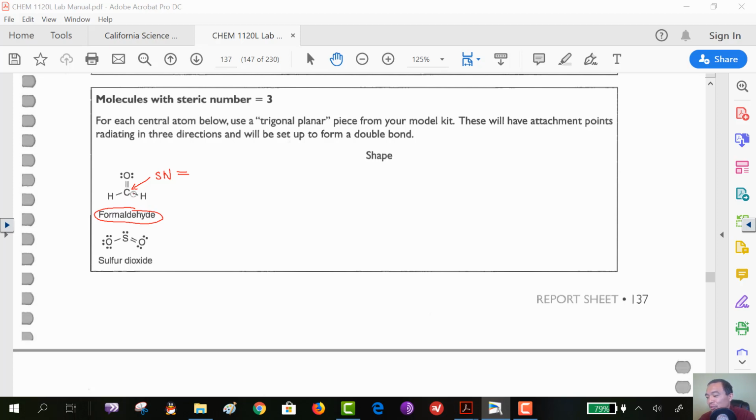Don't look any further than the bonds and dots directly connected to the center. So you do have 3 plus 0. When you refer to page 136, you know the shape is trigonal planar. Okay, I want you to work on the next one on your own. Then we're going to move to a few more examples.